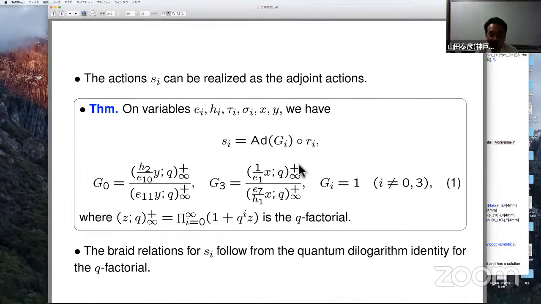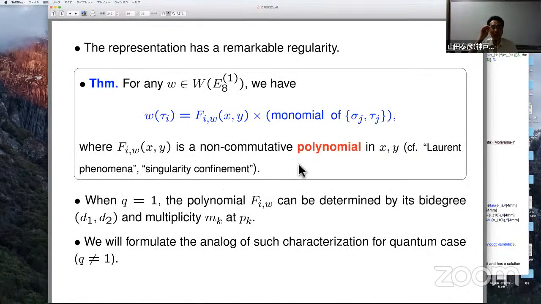Okay. So the main purpose of introducing the tau variable is the following theorem. For any Weyl group element W, the action of W on the variable tau is given in this simple form.